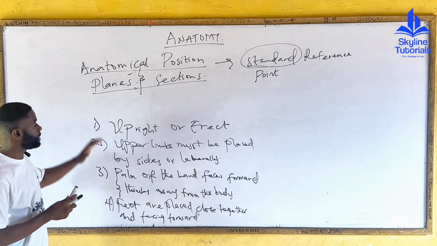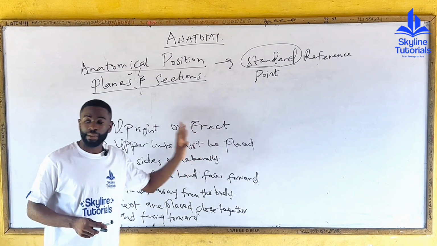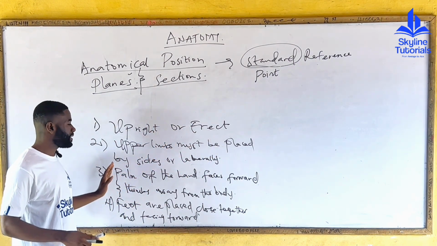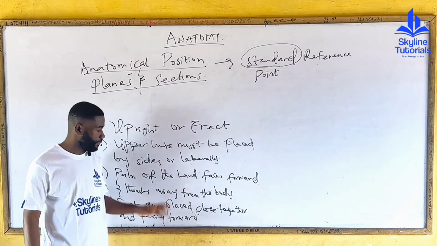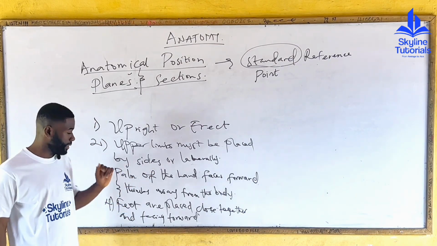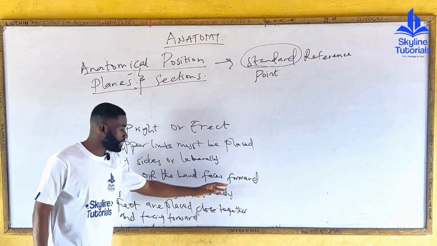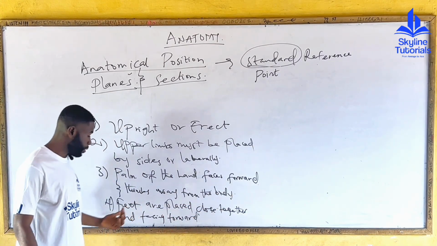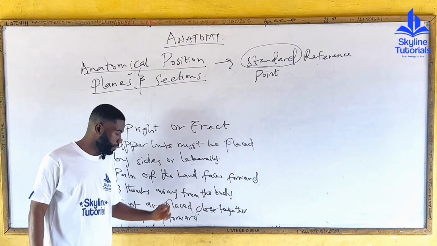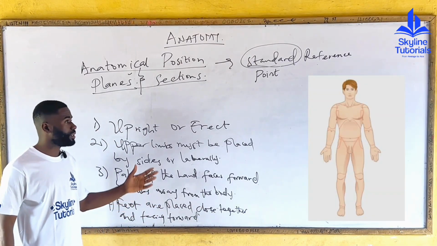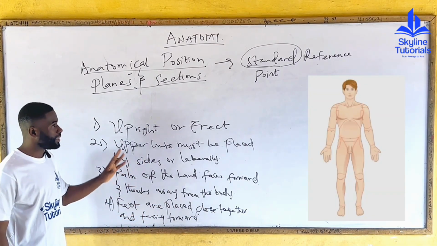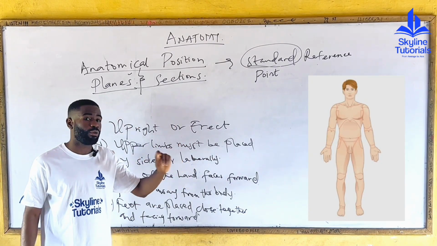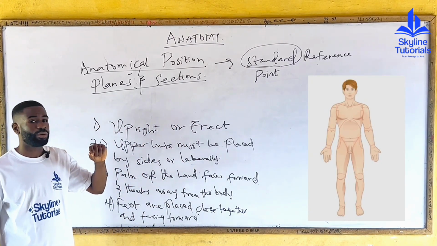Okay, so this is it. In anatomical position, the body is upright and erect. The upper limbs must be placed by the sides of the body or laterally. The palm of the hand faces forward and the thumbs are facing away from the body. The image you see on your screen depicts exactly how anatomical position is.